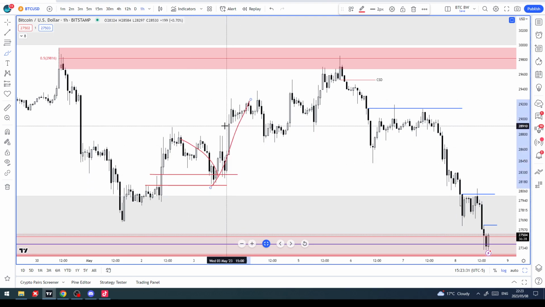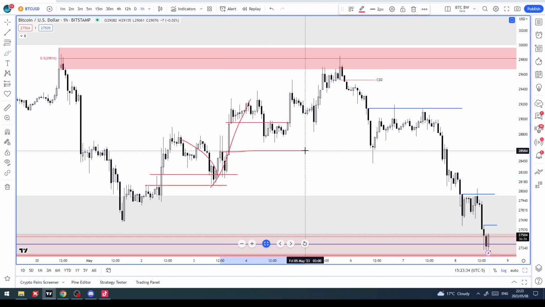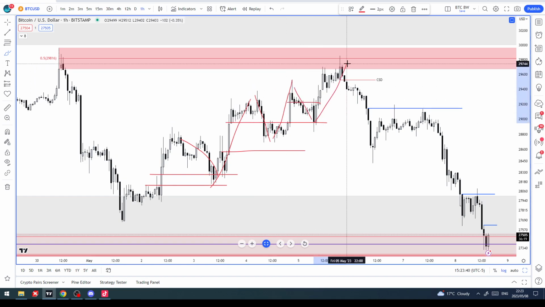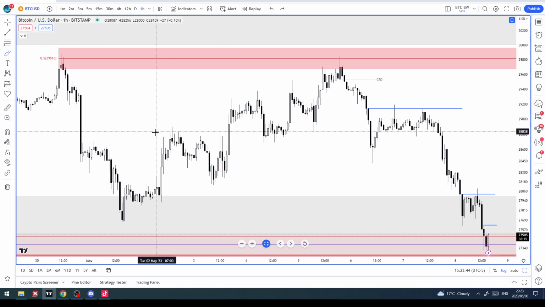There's a fair value gap, price comes in, moves higher. Another fair value gap comes in, moves higher. That is the idea in a bullish delivery. Flip it over for a bearish delivery: you want the bearish fair value gaps to contain price to head lower.